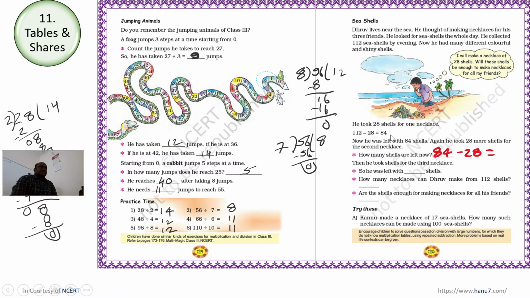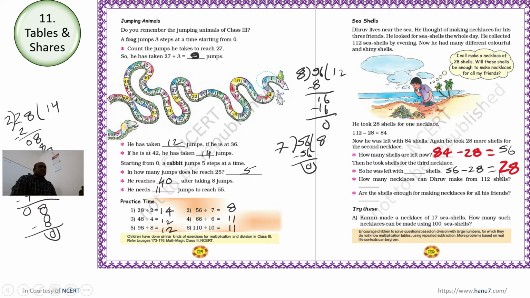So total shells 112 minus 28 he used, he got 84. Later he subtracted again 28 from 84, he got 56. Now he subtracted again 28 from that, so he is left with 28.